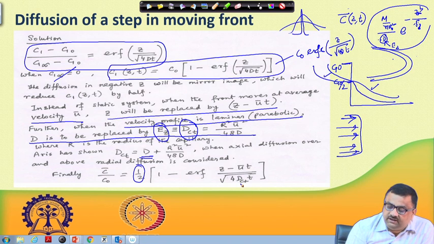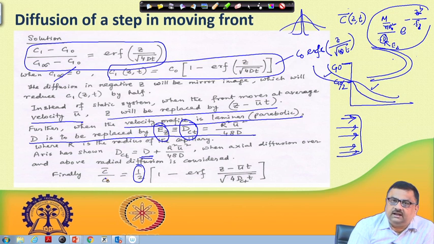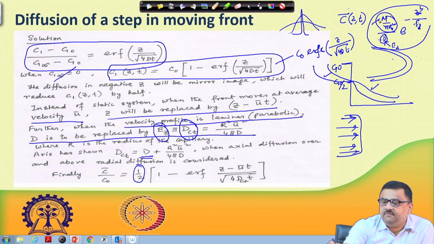Just like we have a final expression for C bar, actually there the C naught does not make sense. That is why we had this m by pi r naught square, because m matters in case of a pulse. How much kg you have placed is important.